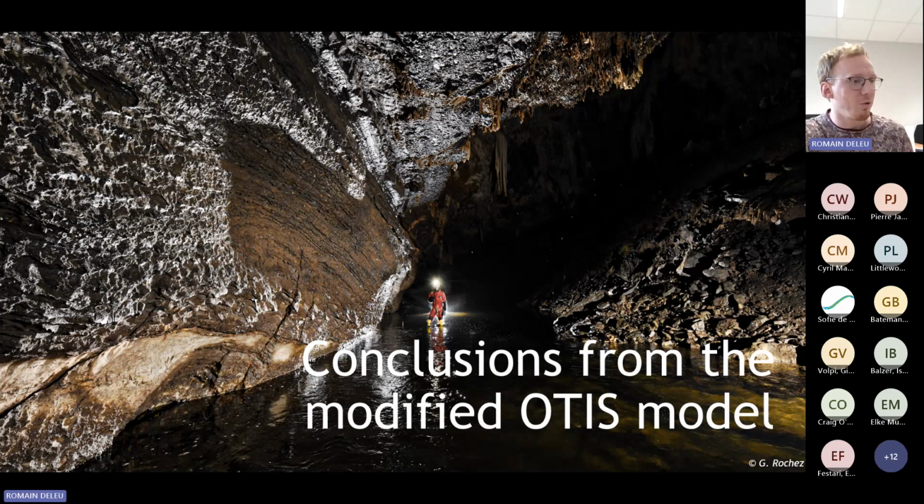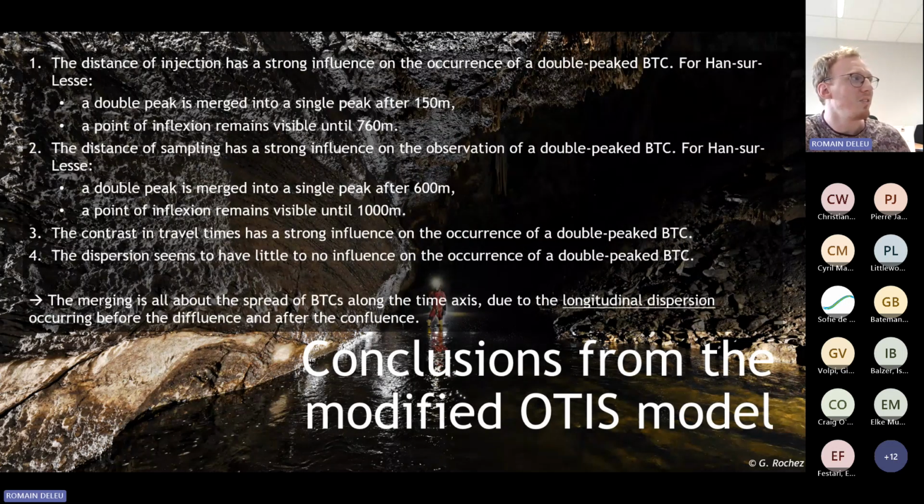So the conclusion from this modified Otis model is that the distance of injection has a very strong influence on the occurrence of a double peak breakthrough curve. And for An-sur-Lesse, specifically, the double peak is merged into a single peak after about 150 meters. But a point of inflection remains visible until about 760 meters.